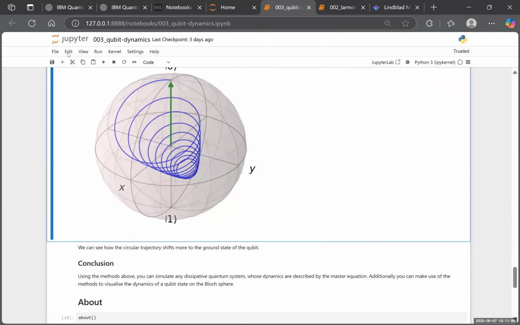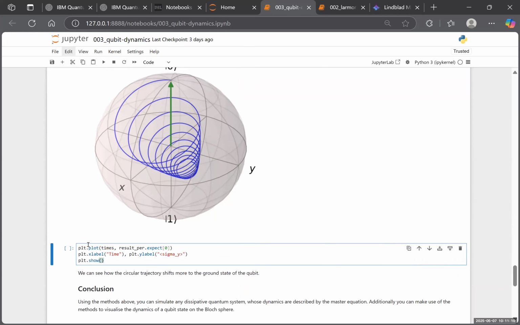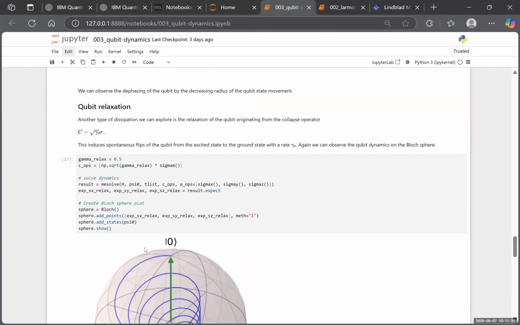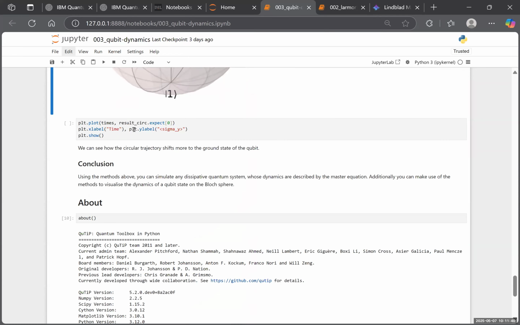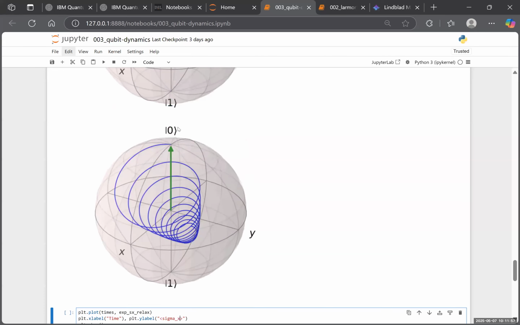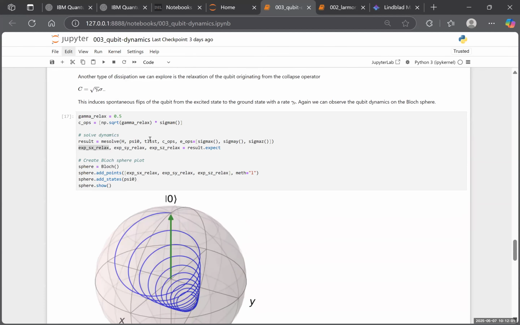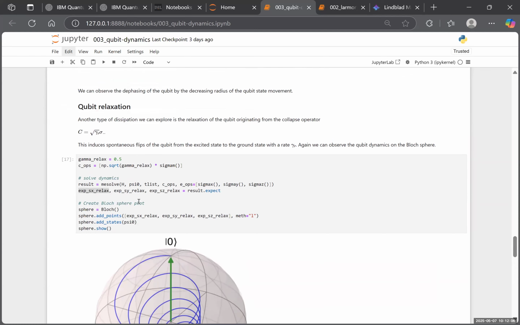So we can maybe plot something, sigma x. The time list.